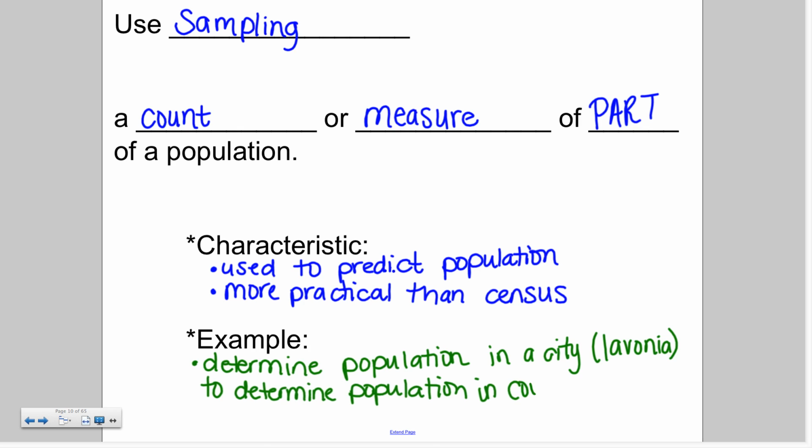So in the county, since we did Livonia, it would go for Franklin County.